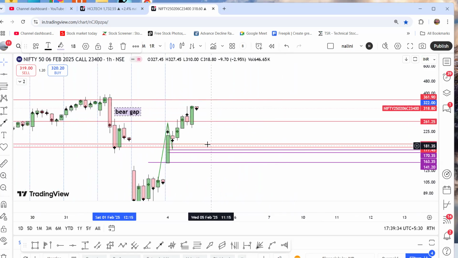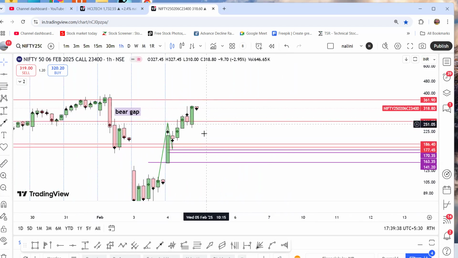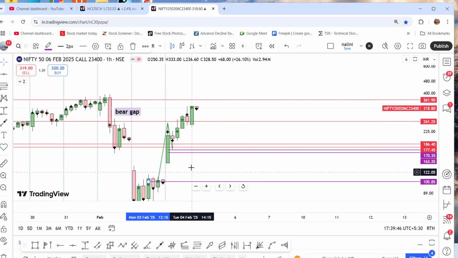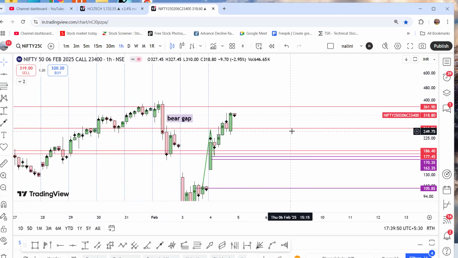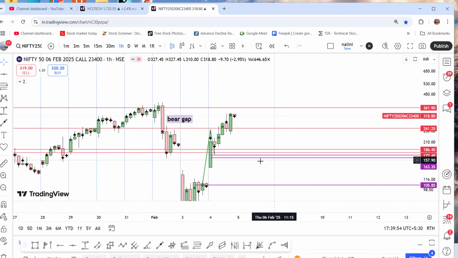Now, do we see any gap over here? Not much gap. There is no bull gap. There is a bull gap between this and this. It has not been filled. Probably the market may fill it on some other day, but expiry is tomorrow, on Thursday itself.